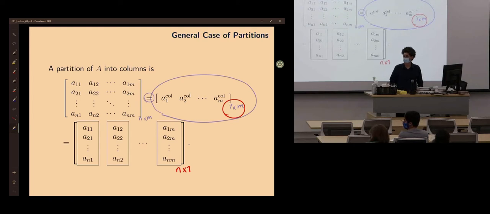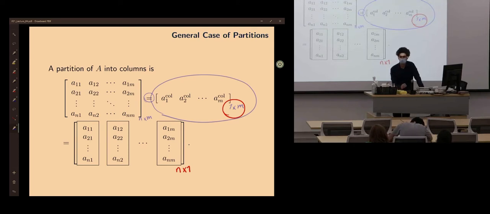N column vectors of 1 by m elements. It's m column vectors of n by 1 vectors. Right, so you can say 1 by m, but that's incomplete because it's a 1 by m arrangement.